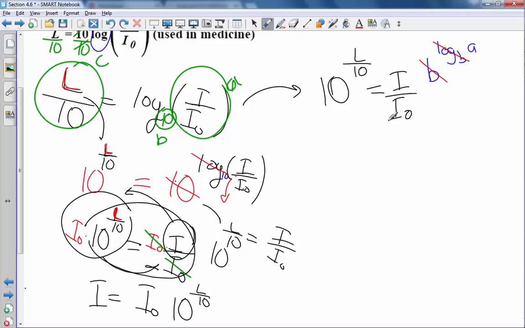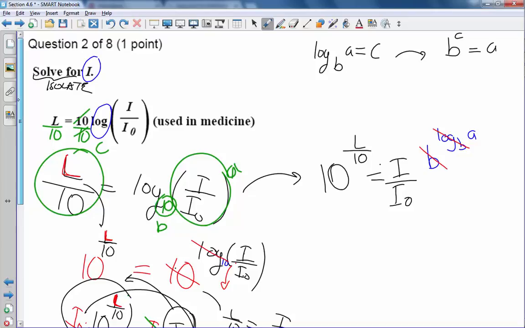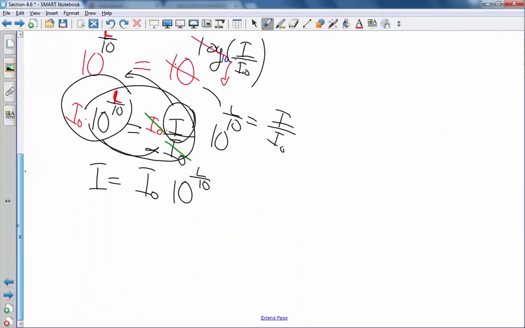Is it the same? So this is the direct conversion to exponential method. And this is raising to the power of 10, base 10. Either way is fine. Any questions? So once they give you the L quantity and I0 quantity, you will know what I will be just converted.